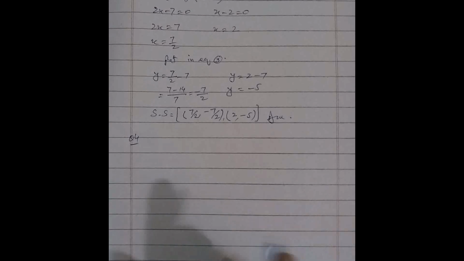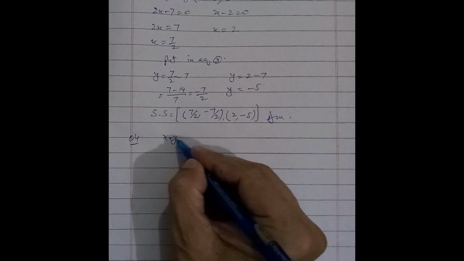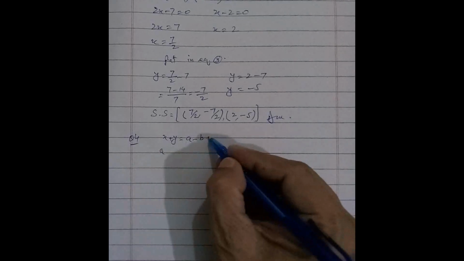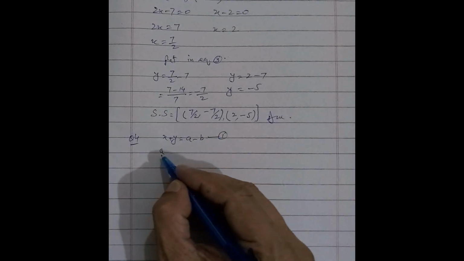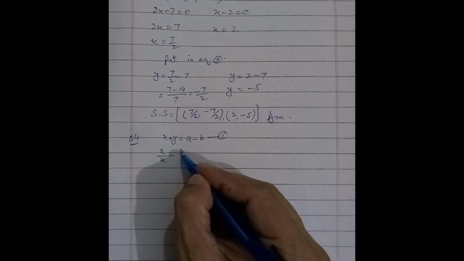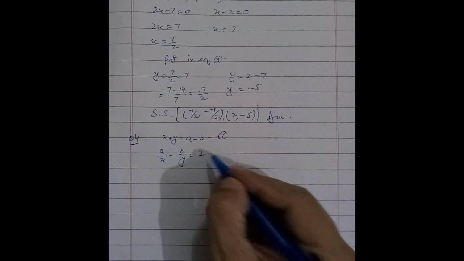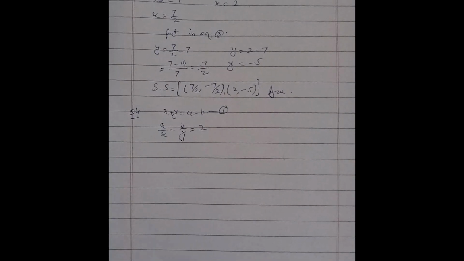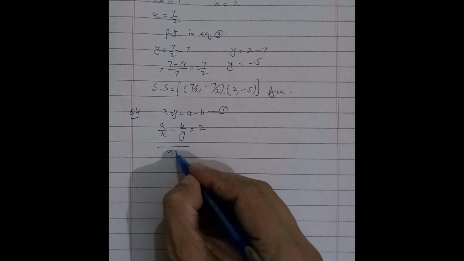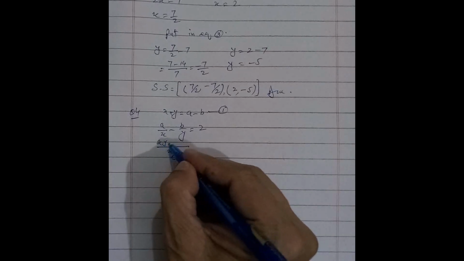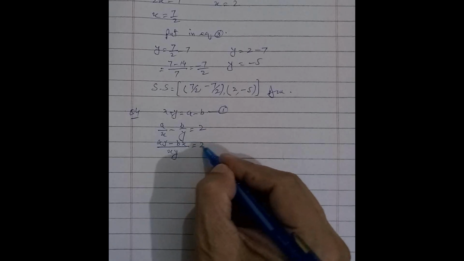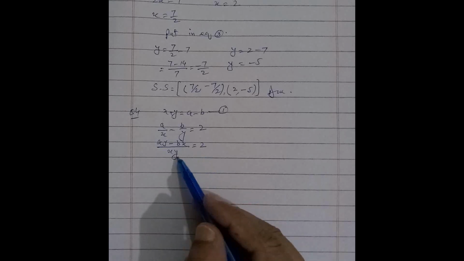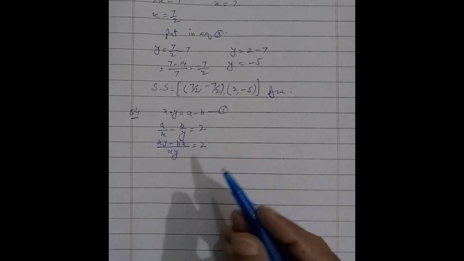In which the equations are x plus y is equal to a minus b, and it is question 1, and the other is a over x minus b over y is equal to 2. First we solve the second equation, means simplify, take common xy: ay minus bx over xy is equal to 2, and now we multiply xy with 2, we can say cross multiply.